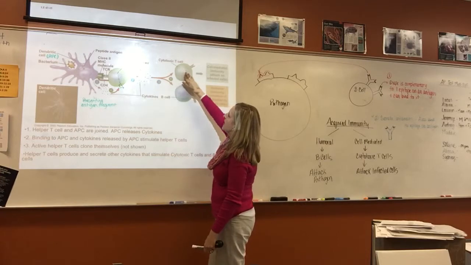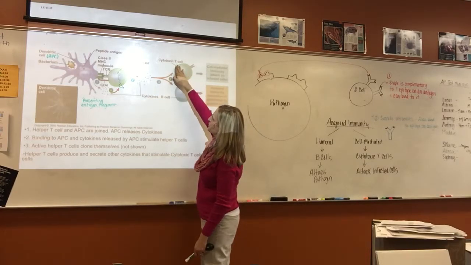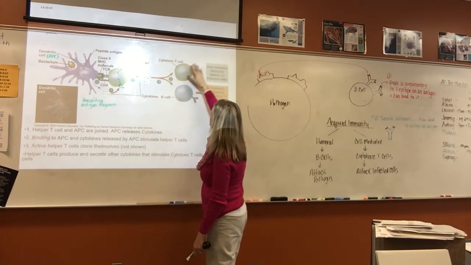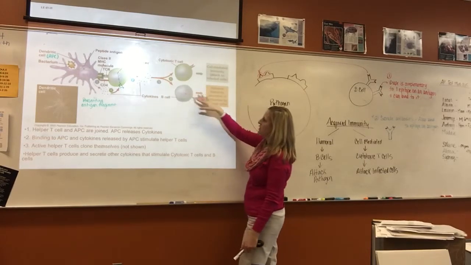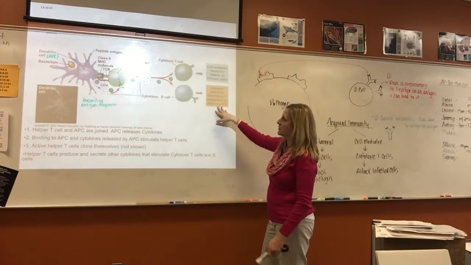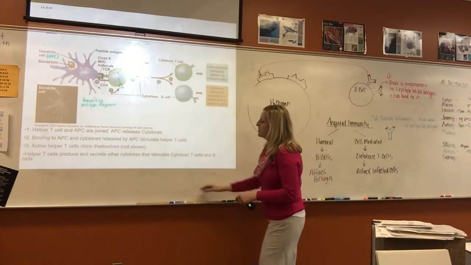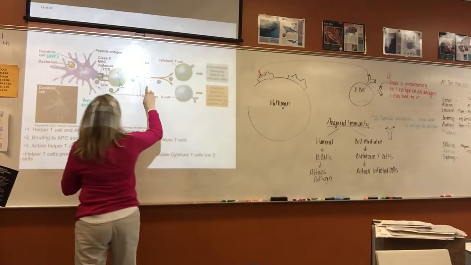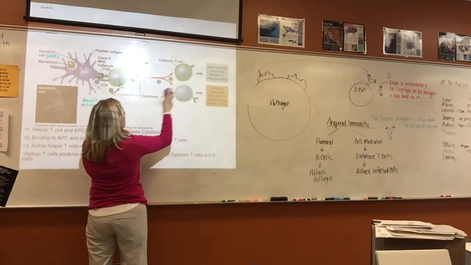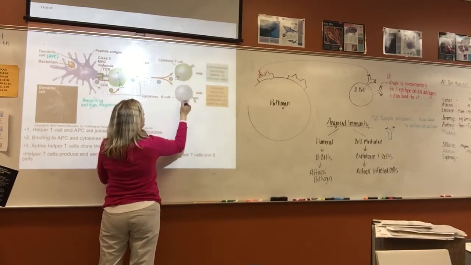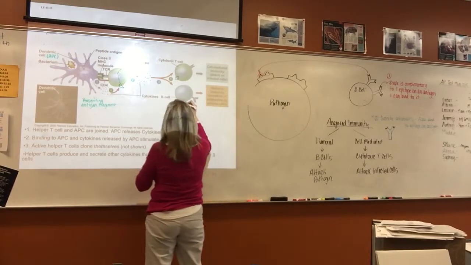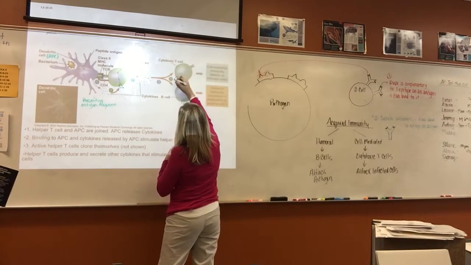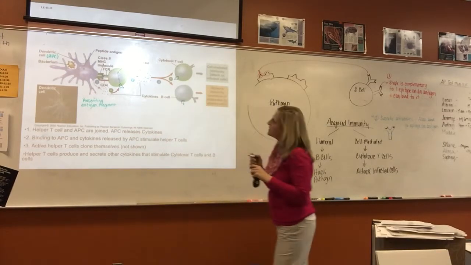Because these guys help activate your two different types of cells, your cytotoxic T cells, which are going to kill your infected cell, and your B cells, which are going to secrete antibodies to get rid of your antigen. And so therefore, these two cells here must also have a receptor in the membrane that the cytokines can bind to. So these guys both have the receptor in the membrane that cytokines can bind to.